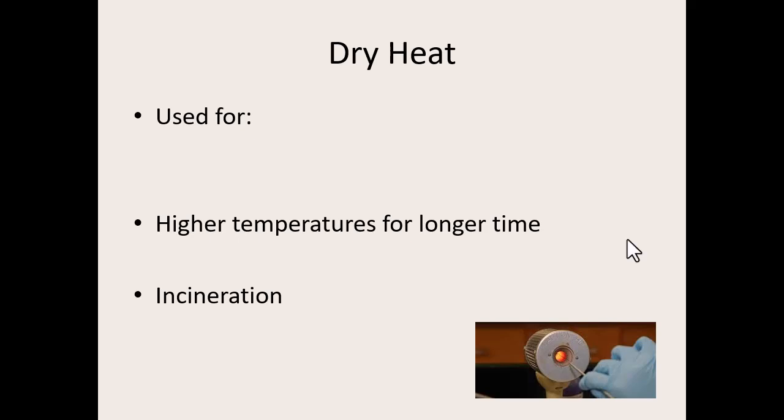And it allows us to get to higher temperatures for longer periods of time. We can get above just 140 degrees Celsius. One of the most common ways of dry heat is just incinerating them. That's why we have incinerators in our lab. There's no moisture whatsoever. It's really high temperature.